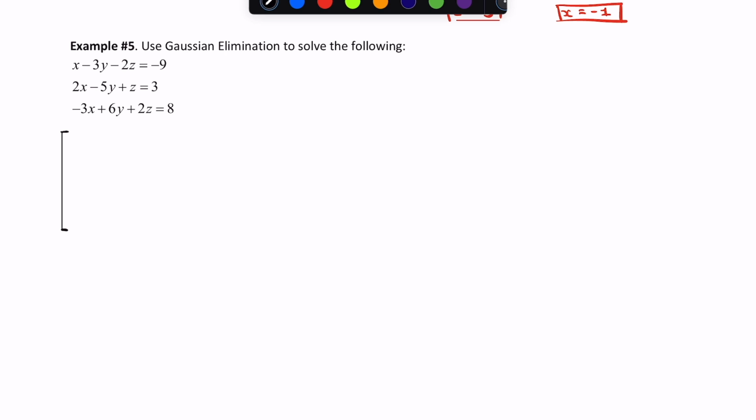Okay, so here let's write our matrices. We have 1, 2, -3, column number 2, -3, -5, and 6, and -2, 1, and 2, and our constants being -9, 3, and 8.